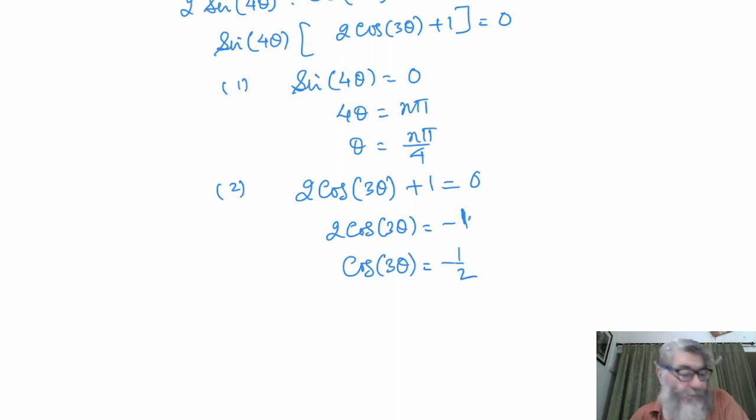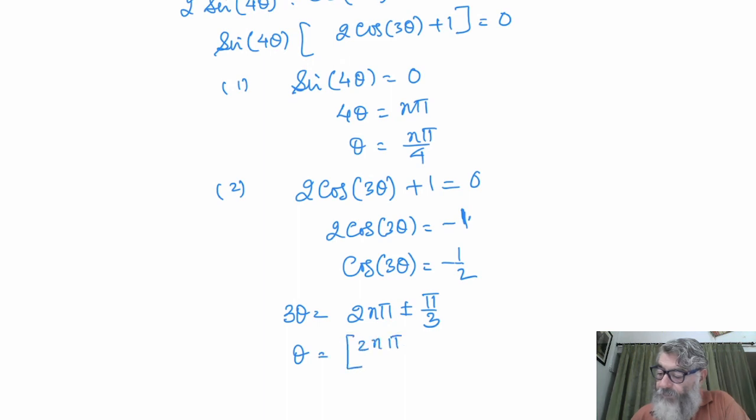So actually it is pi by 3. So we'll write 3 theta is equal to 2n pi plus minus pi upon 3, and theta will be 2n pi upon 3 plus minus pi upon 3.